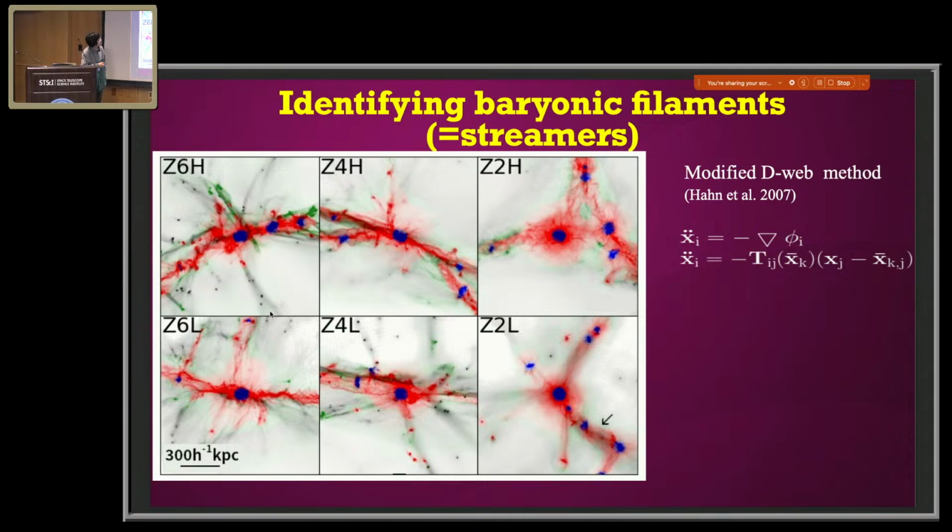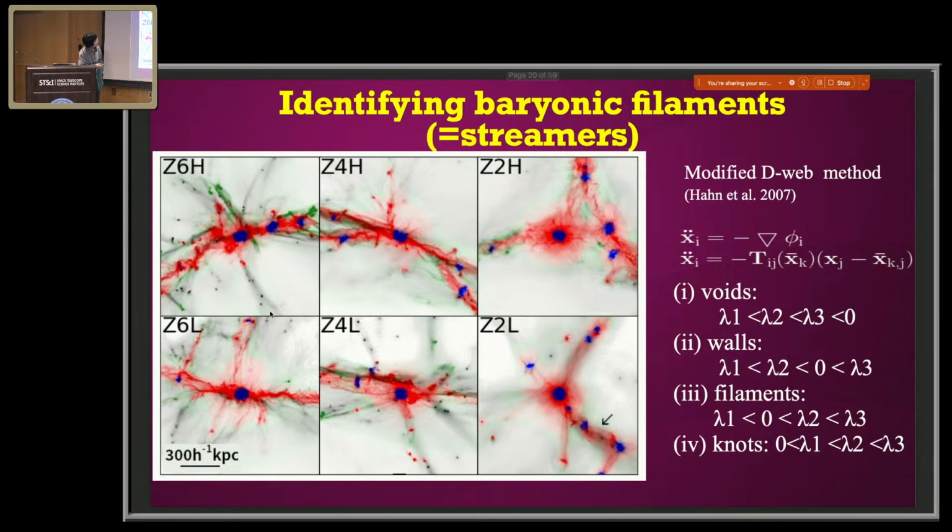So the main idea of this method is that, depending on the potential field, you can calculate the tidal matrix of it, and then you can calculate the eigenvalues of this matrix, and depending on whether these eigenvalues are positive or negative, you can separate the whole volume into different elements: the void, which is green, and the walls, which is green, and also the filament, which is red, and the nodes, which is blue.